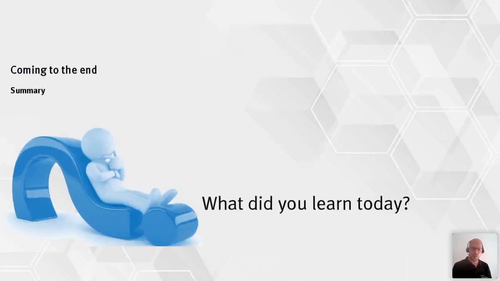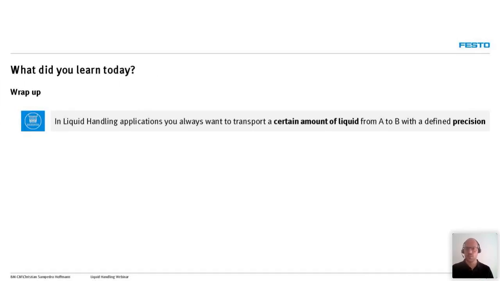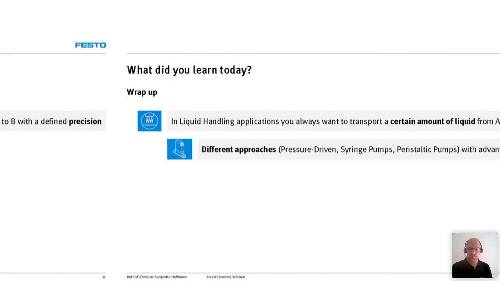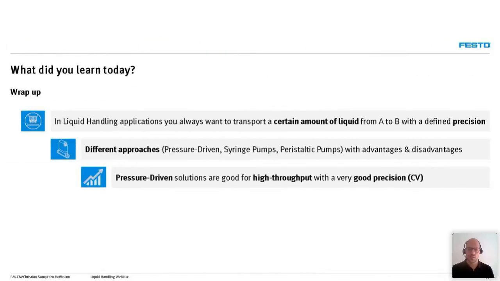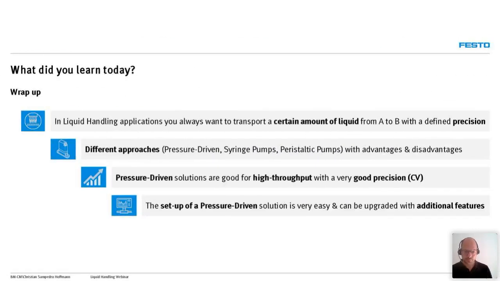Okay, coming to the end, what did you learn or see today? We talked about how, in our liquid handling applications, a certain amount of liquid goes with a defined precision from A to B. We have seen different approaches and some advantages and disadvantages. We had a closer look at the pressure-driven solutions, and that they are good for high throughput and good precision, because we can do this pretty fast.